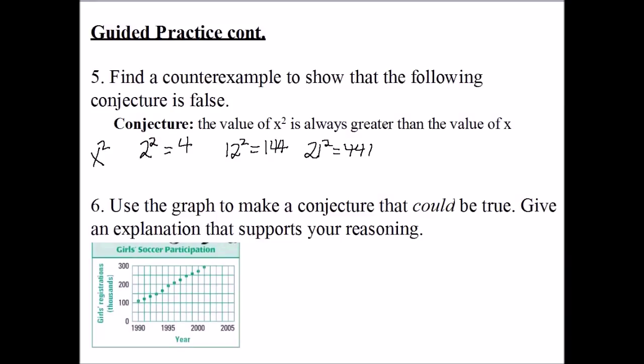So the conjecture appears to always be true, but I need to find one counterexample. I need one case where that's not true. And basically, when you put a fraction in, if your base is a fraction, then your answer is going to be smaller than your actual base. So, for example, if you have 1/2 squared, that's going to be equal to 1 squared over 2 squared, which is equal to 1/4.